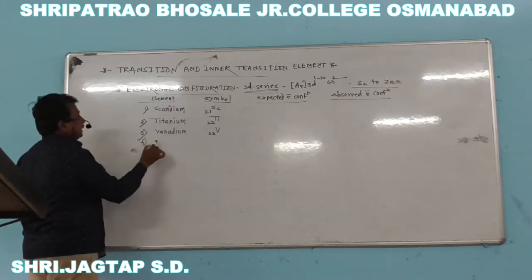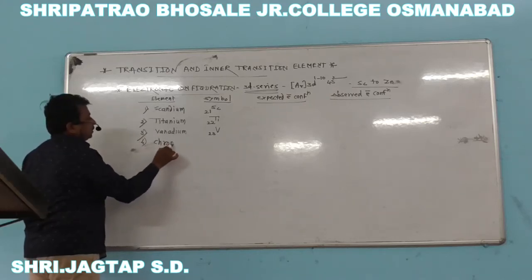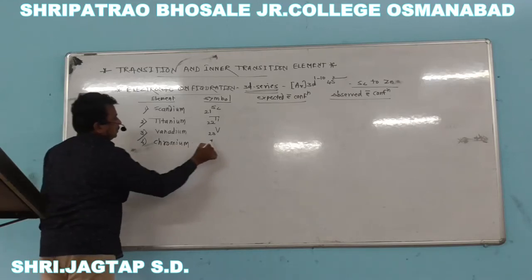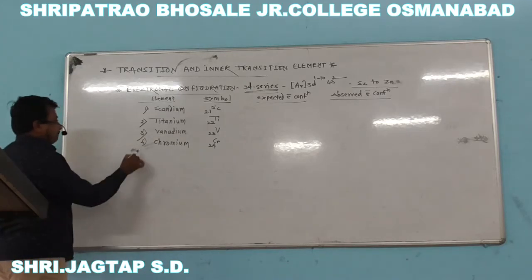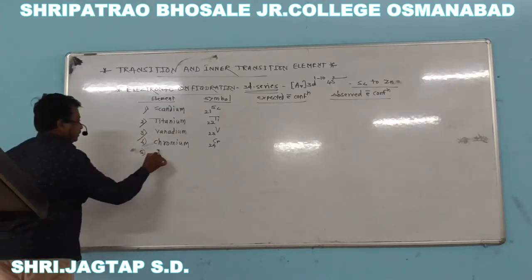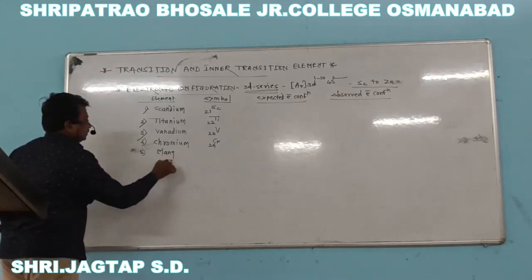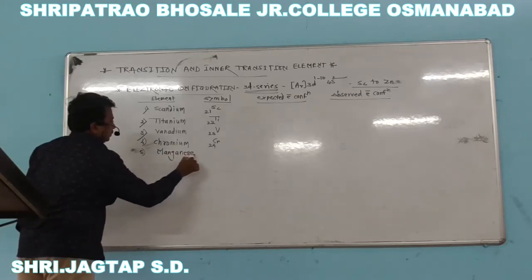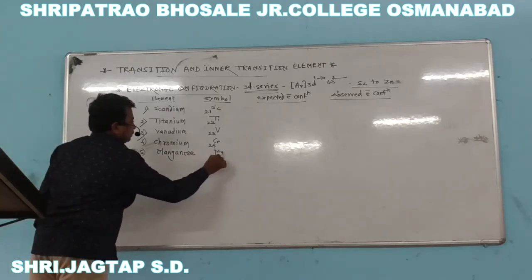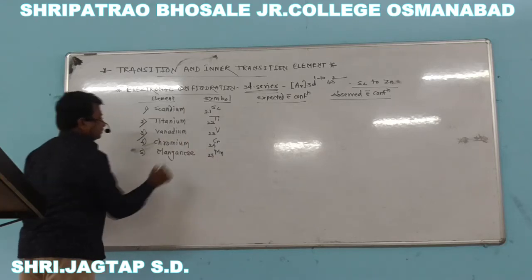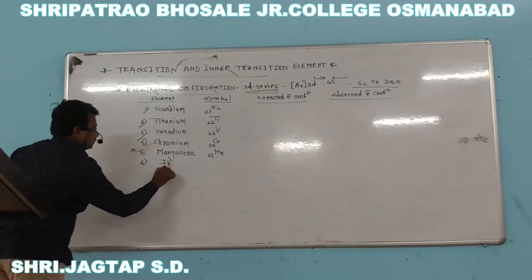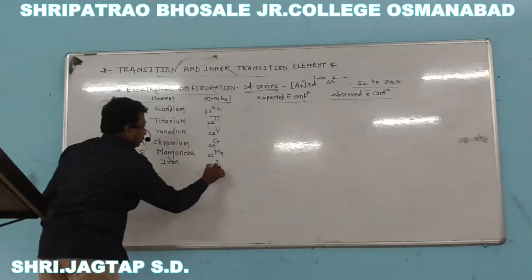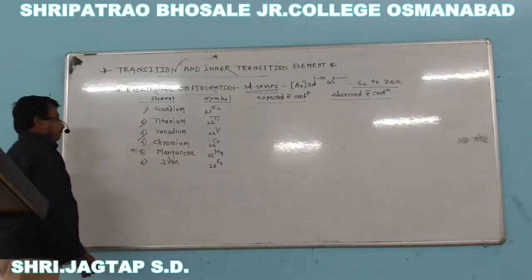The fourth element in the 3d series, chromium, symbol Cr, atomic number 24. Then fifth, manganese, symbol Mn, atomic number 25. Then iron, symbol Fe, atomic number 26.